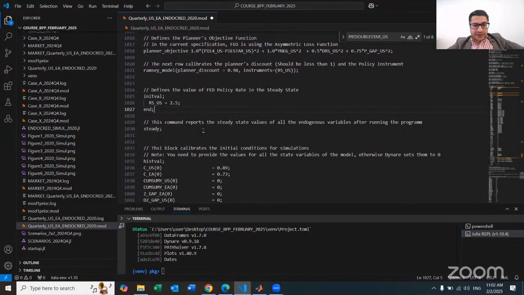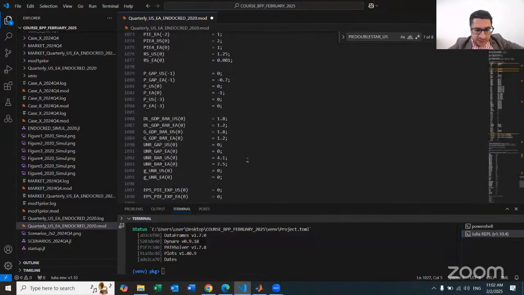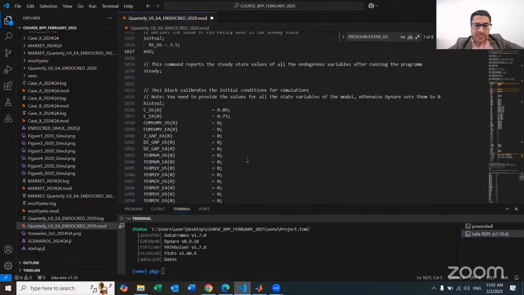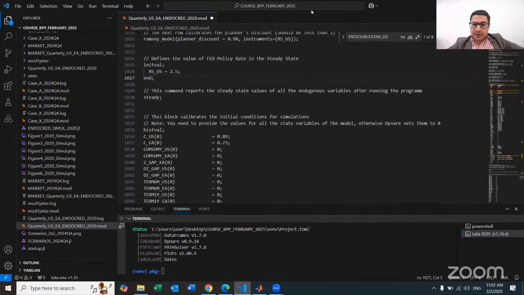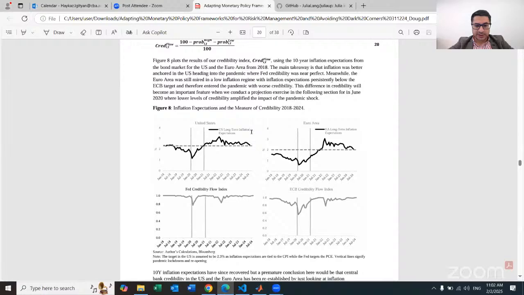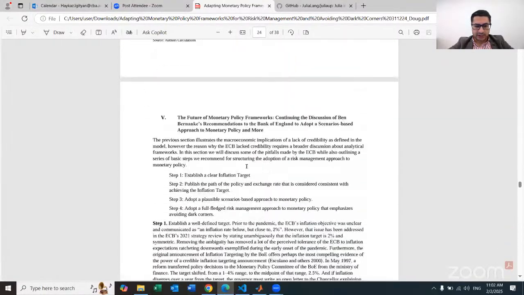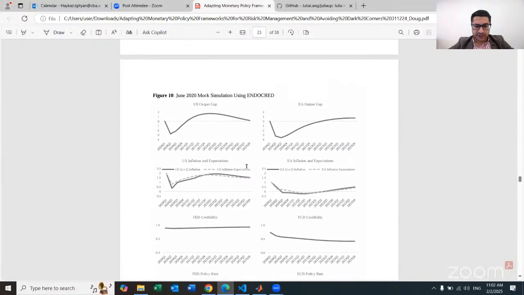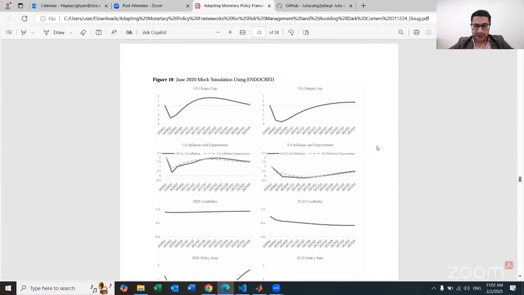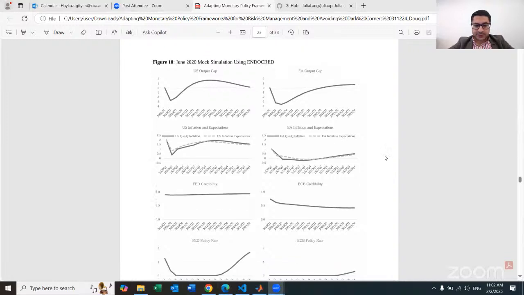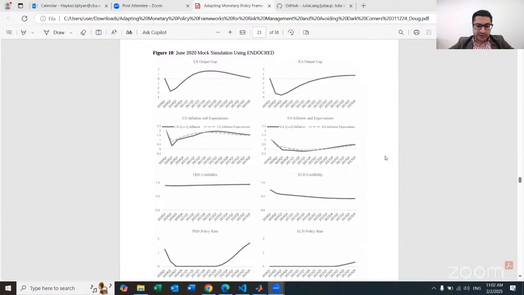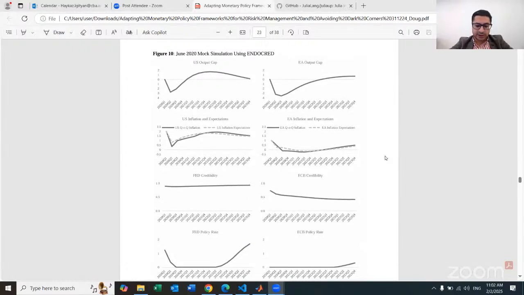Now, guys, in this code we are using it to replicate the result which Ani presented, going back to the initial break of the COVID, when both the US and Euro area entered the COVID period.